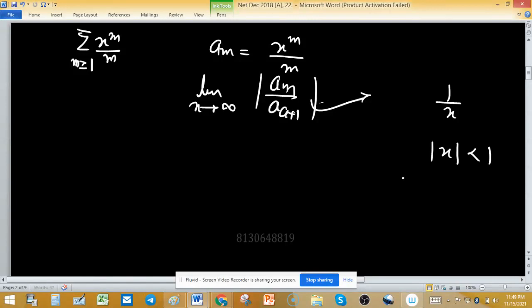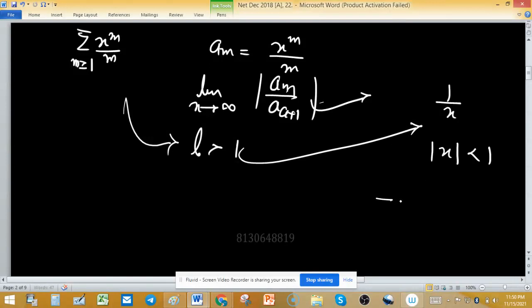Convergence of the series is when limit L is greater than or equal to 1, and this limit is less than 1 when x is lying between minus 1 and 0. You will check this concept later. First we evaluate this limit.